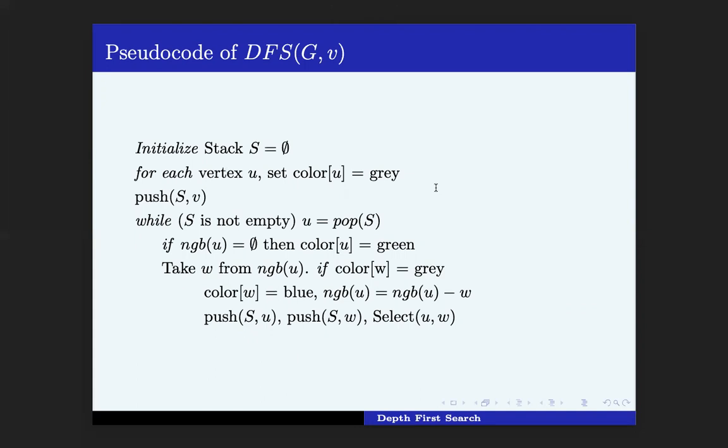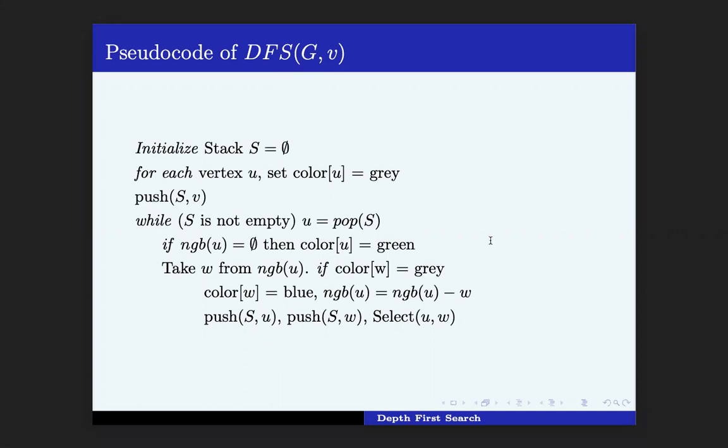So color is an array, where every vertex, V1 to Vn, gets colored gray to start with. You start with that vertex V, which is given to you. V is the vertex from which DFS starts. You start by pushing that vertex V, and you continue as long as the stack S is non-empty.